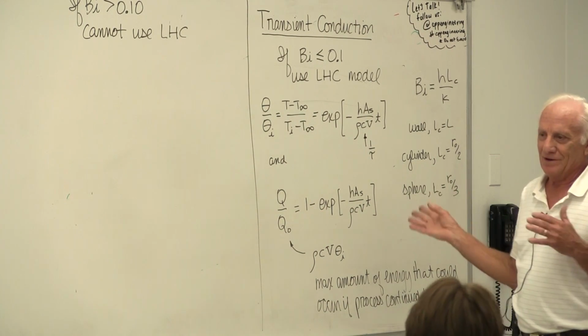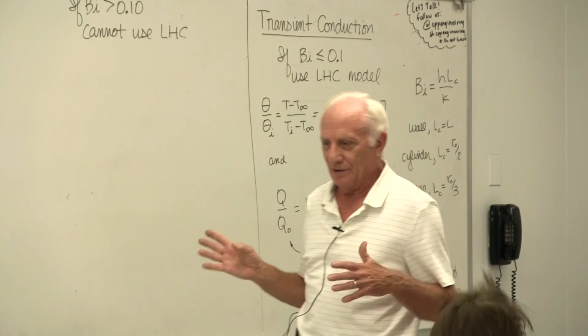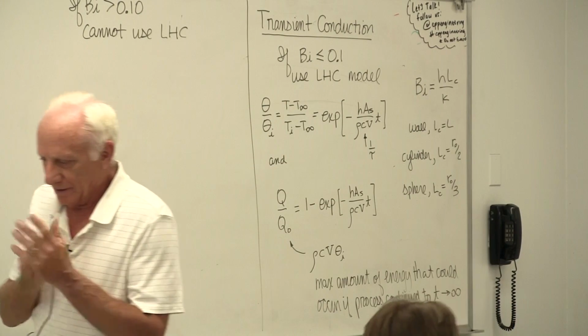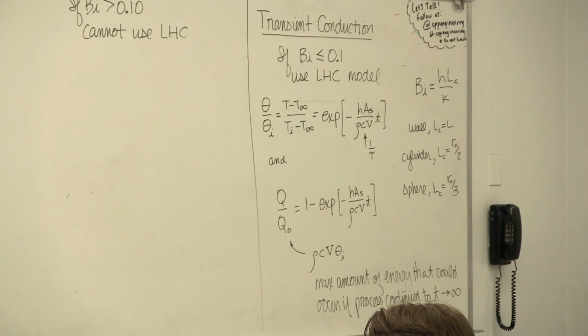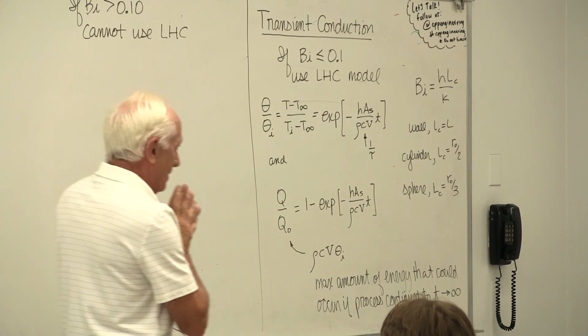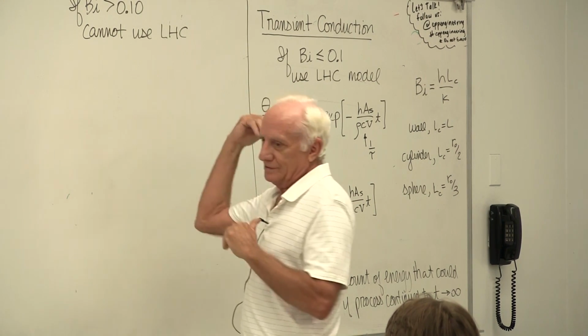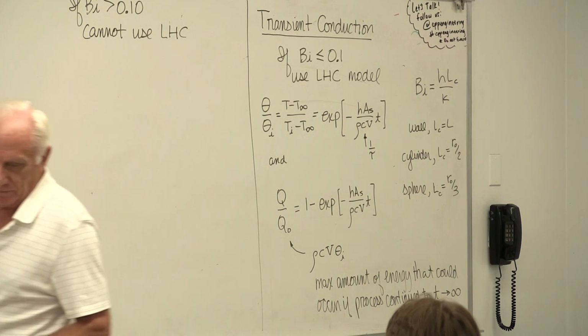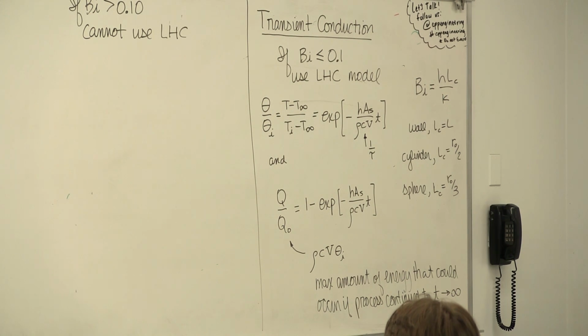All right, so there we are for the simple lumped heat capacity model. Of course, the next question is, what if the Biot number comes out greater than 0.1? Then we can't use that anymore. So now we have to go back to chapter 2 and start from there.